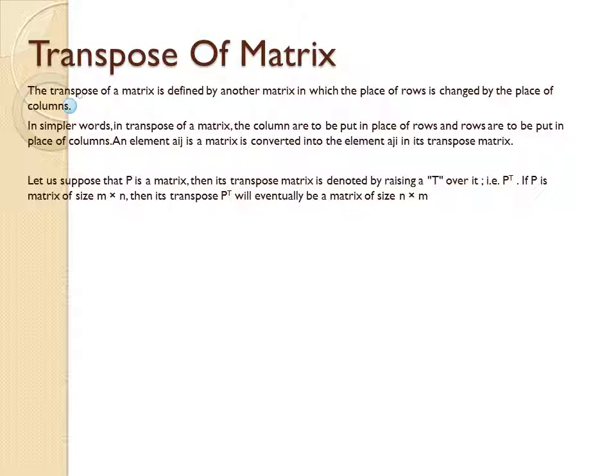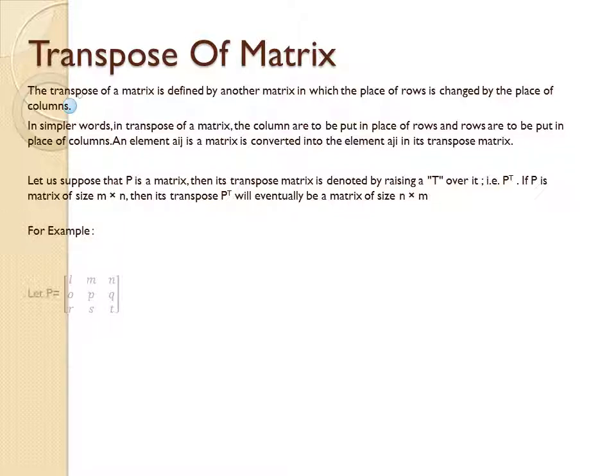Let us suppose P is a matrix; its transpose is denoted by capital T, written as P to the power T. T means transpose. If P is a matrix of order m cross n, then the order of its transpose will be n cross m, just the reverse.